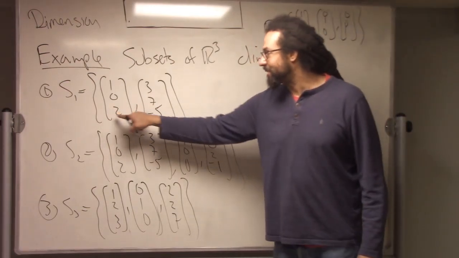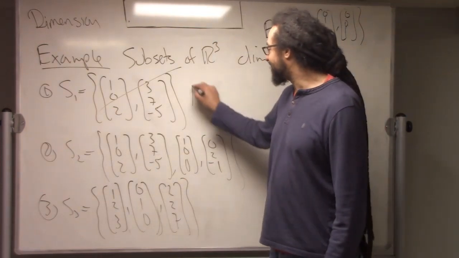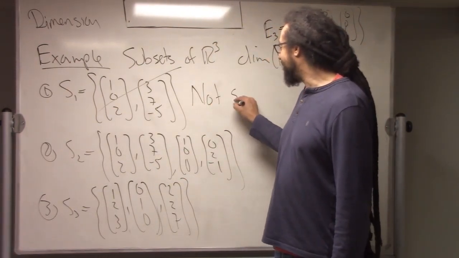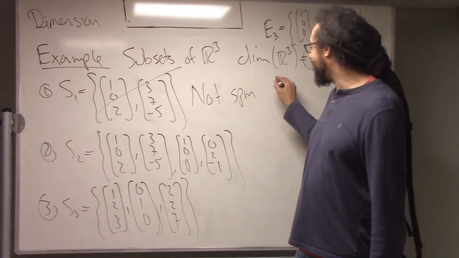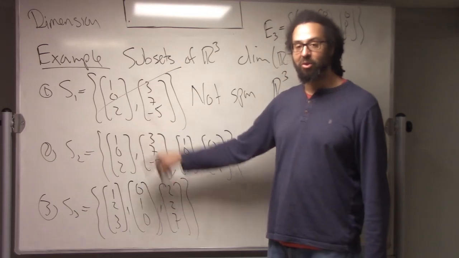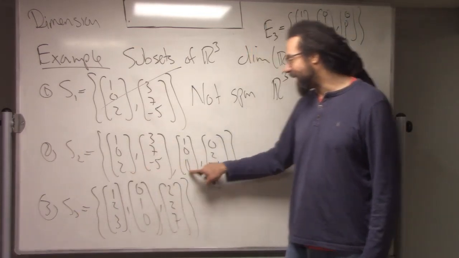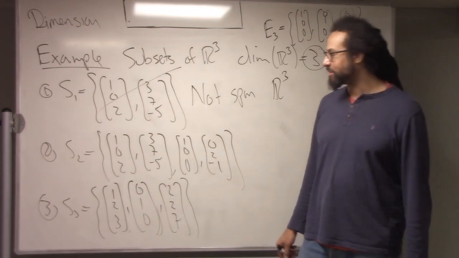So this thing is not a basis. There's too few vectors, there's only 2. So this thing will not span all of R3. Too few directions to reach everywhere in R3. This thing has 4 vectors in it, 4 is greater than 3.